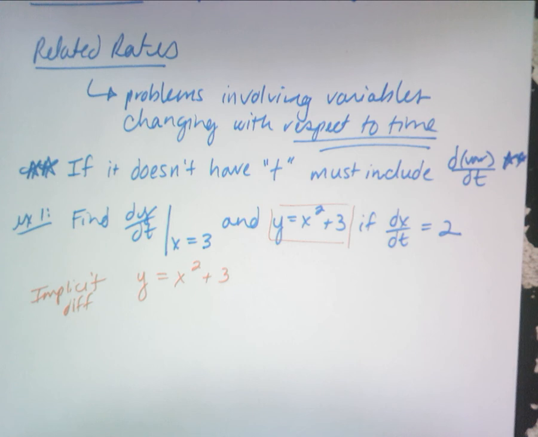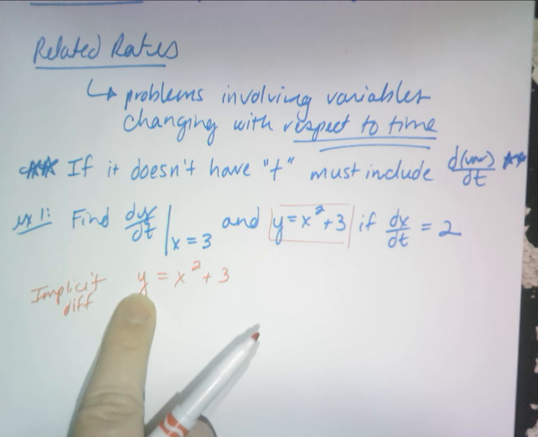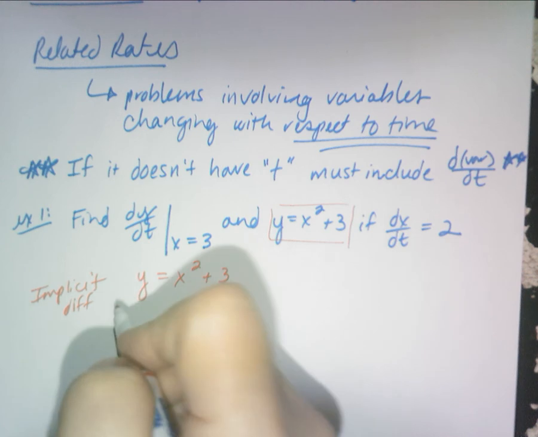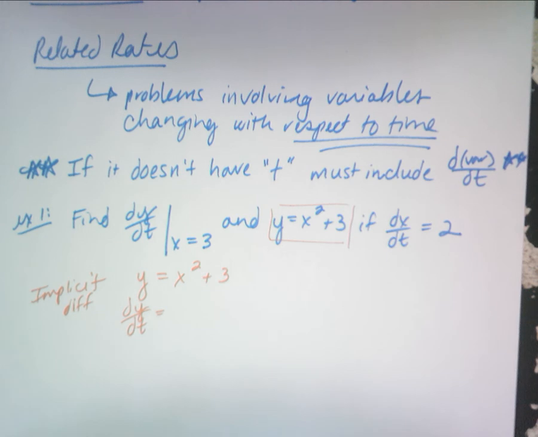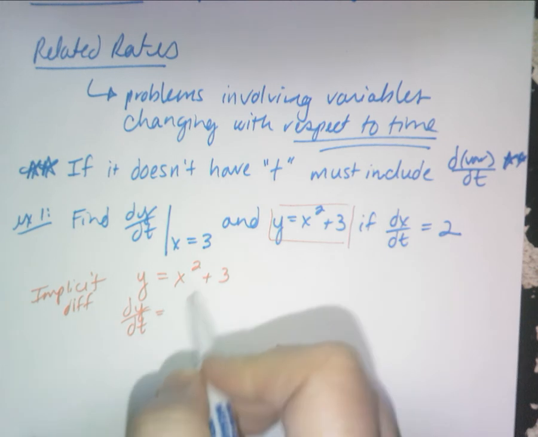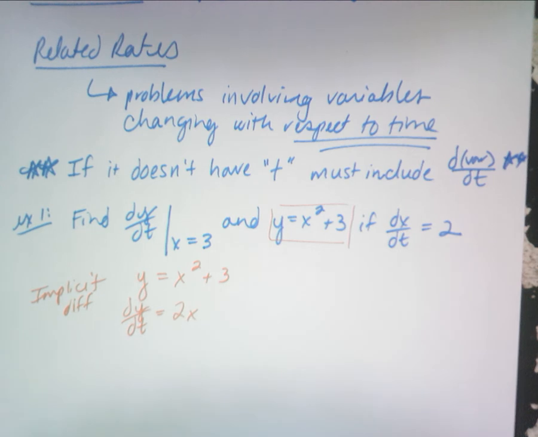Okay. So if I asked you, what would the derivative of y be? You would normally go dy dx, right? But if we're respecting time, we would say dy dt. So everything has to be in respect to time. What's the derivative of x squared? 2x, but did I take a derivative of a t?